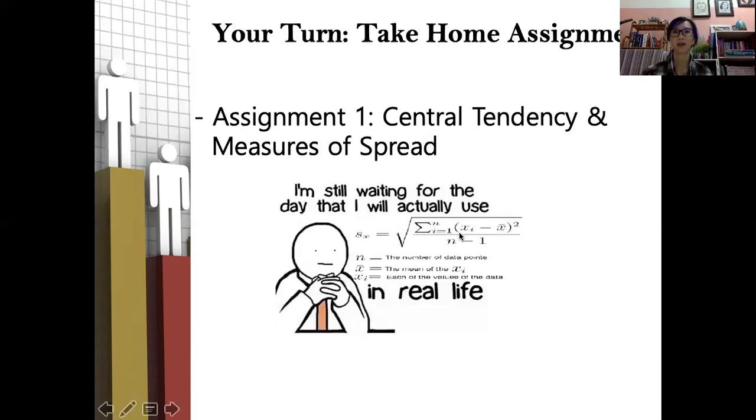So you will have another assignment related to measures of spread. You have done already the assignment related to central tendency.